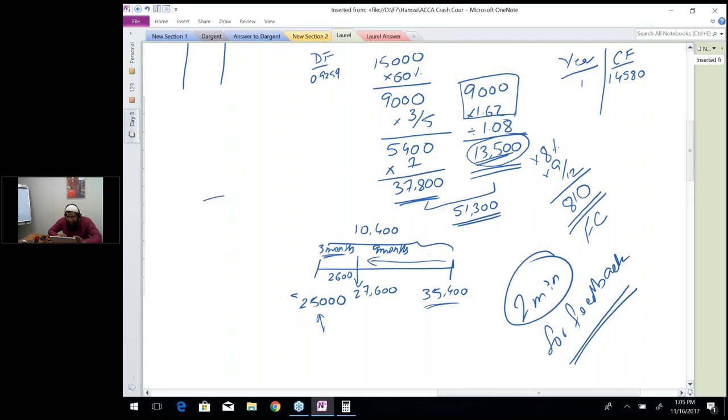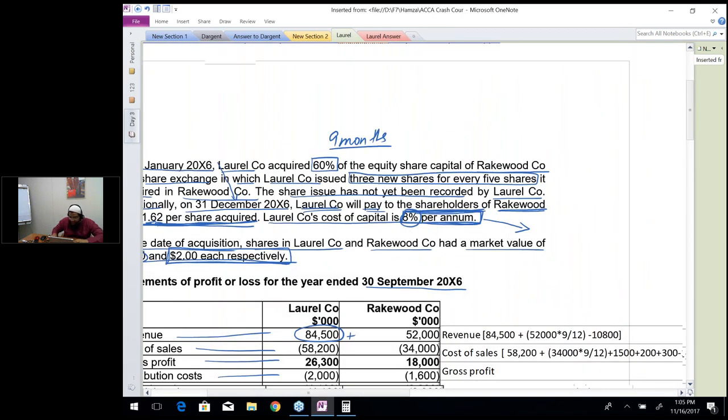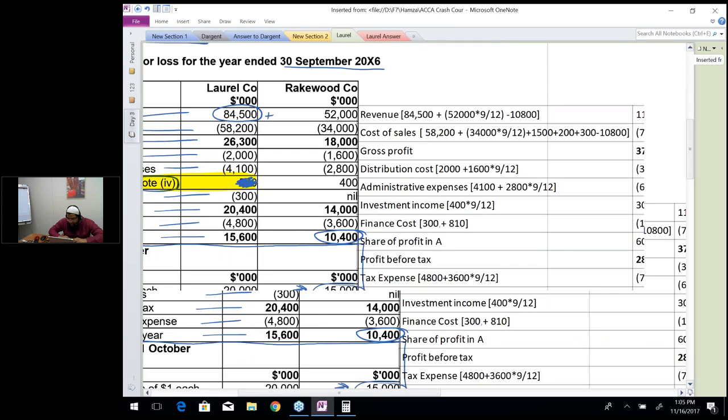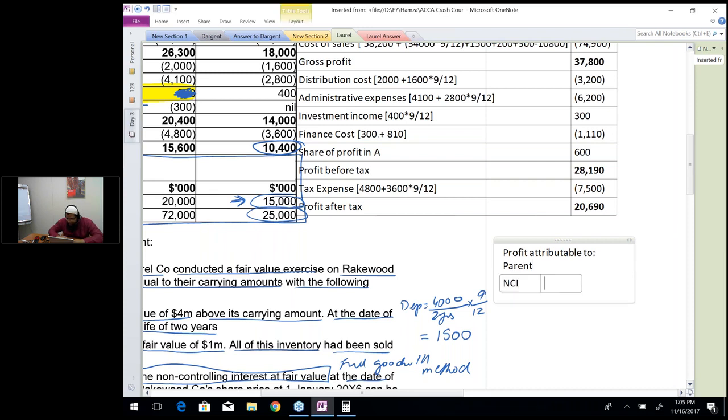Okay, so now let's continue and complete the income statement. Now the last part that has been left is actually the profit attributable to parent and NCI.